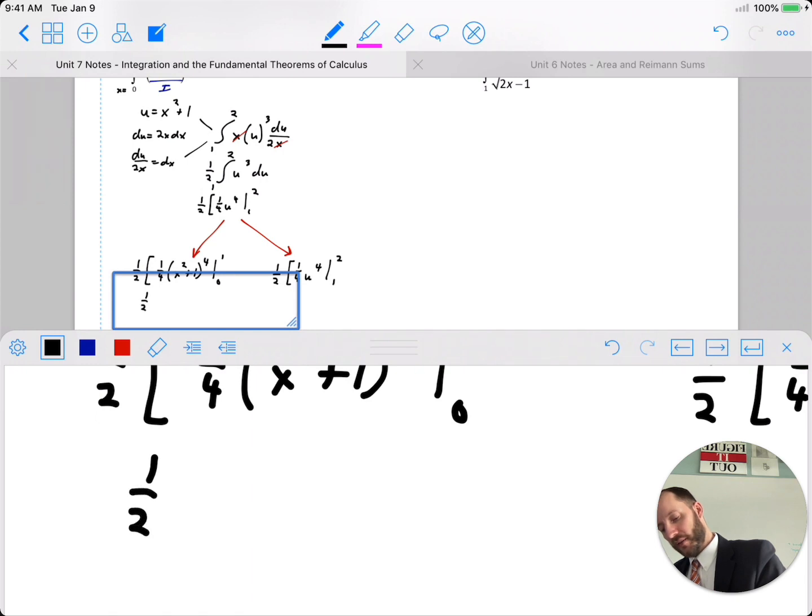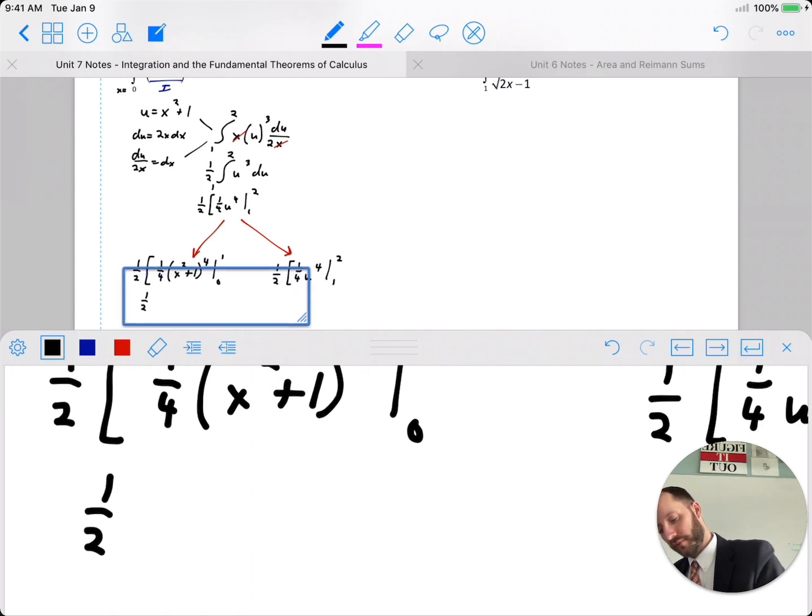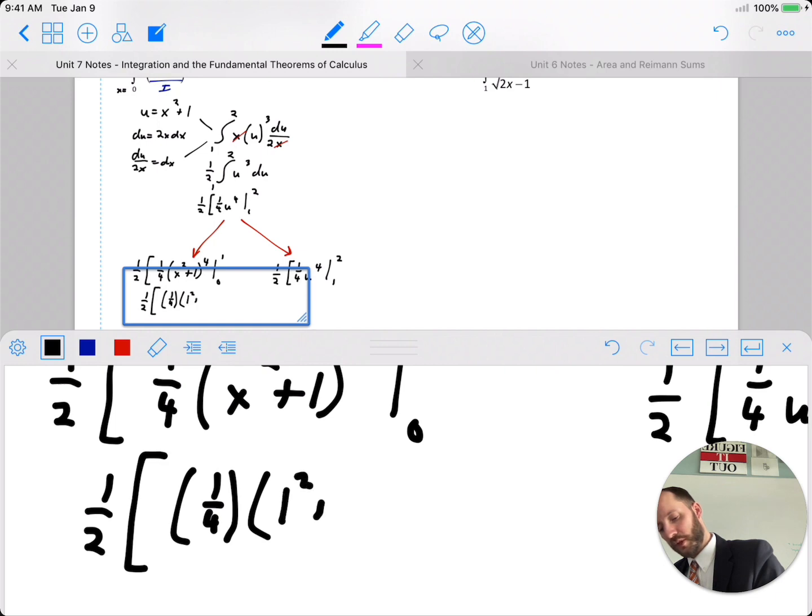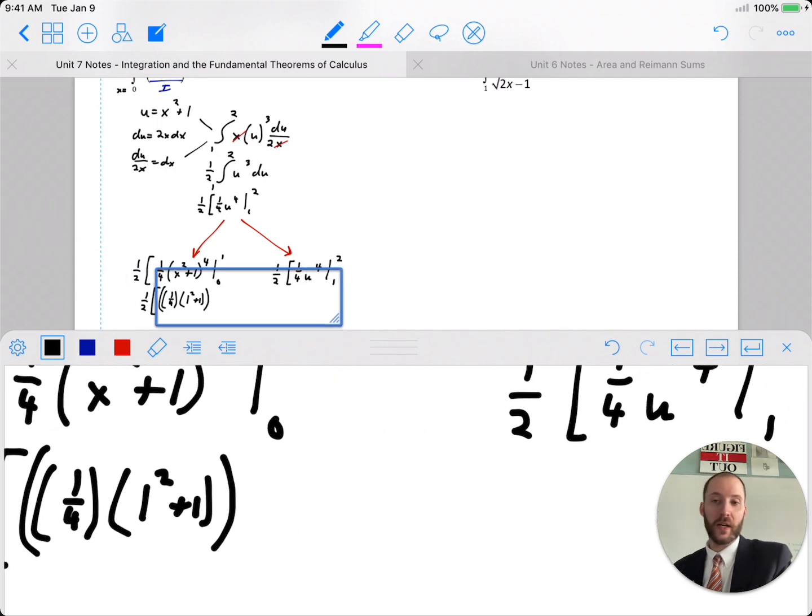So 1/2, 1/4, 1 squared plus 1. So plugging in the upper bound 1, minus plugging in the lower bound 0.